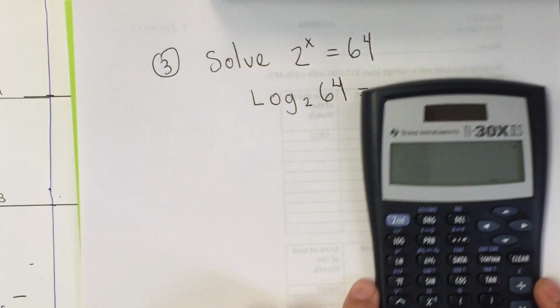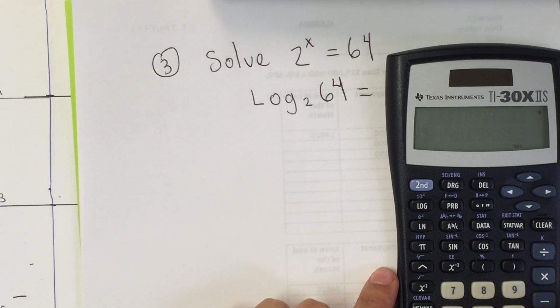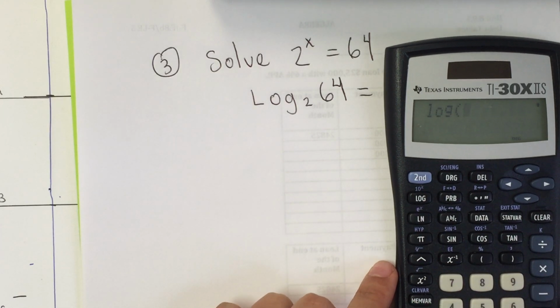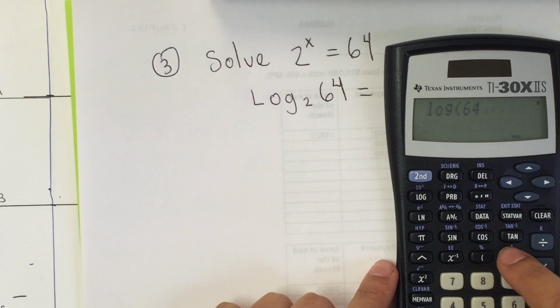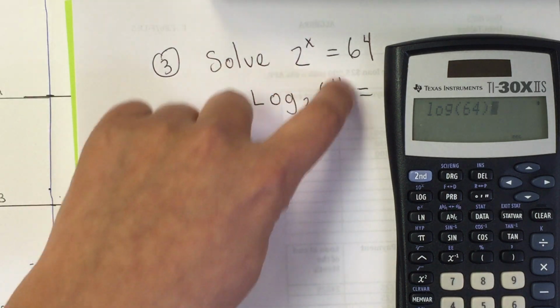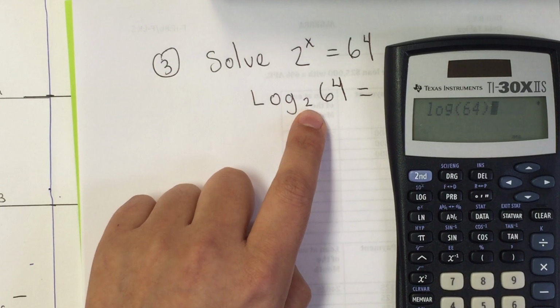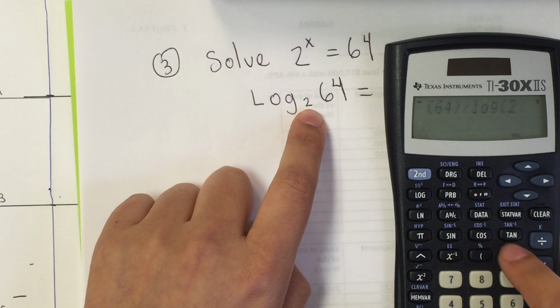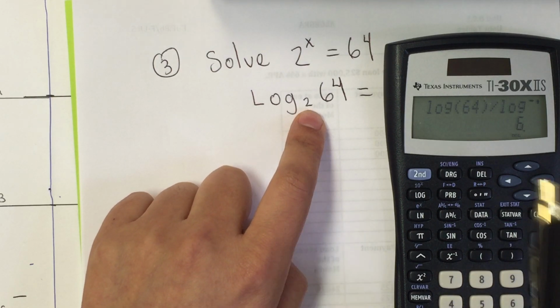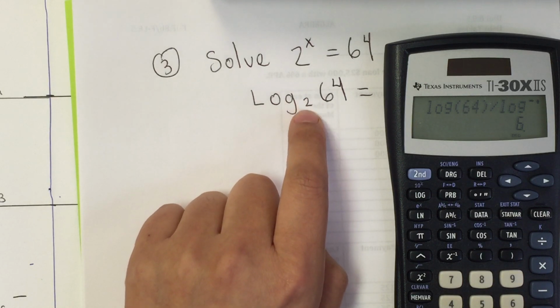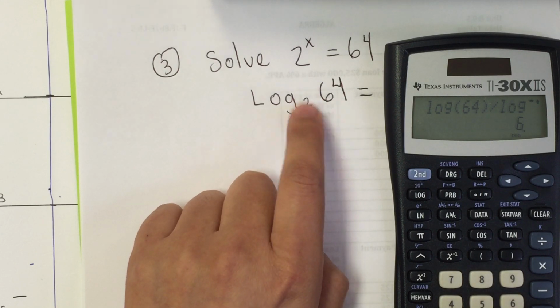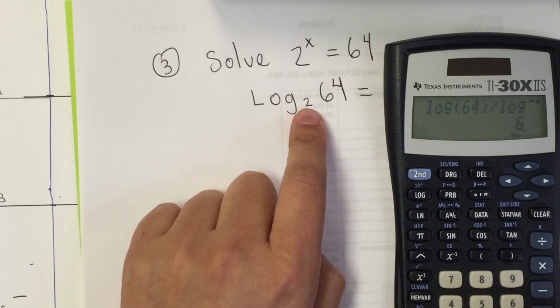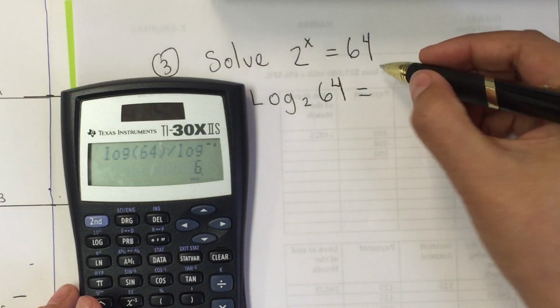Again, if we want to use our calculators, although these are kind of simple and we can do it on our own, we press log 64, close parentheses. Remember that we have to do the bigger number first, and then the base. Divided by log 2, close parentheses, and the answer is 6. That means that I need to multiply the base 2 by itself 6 times. So the answer is 6.